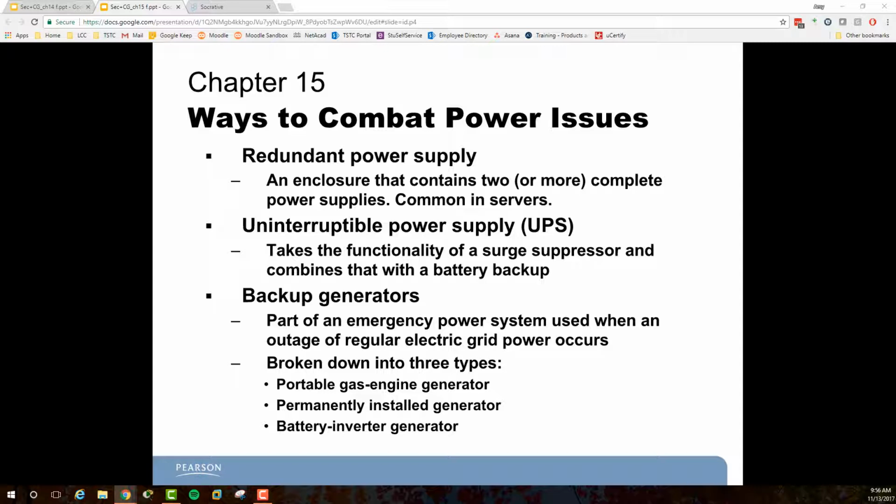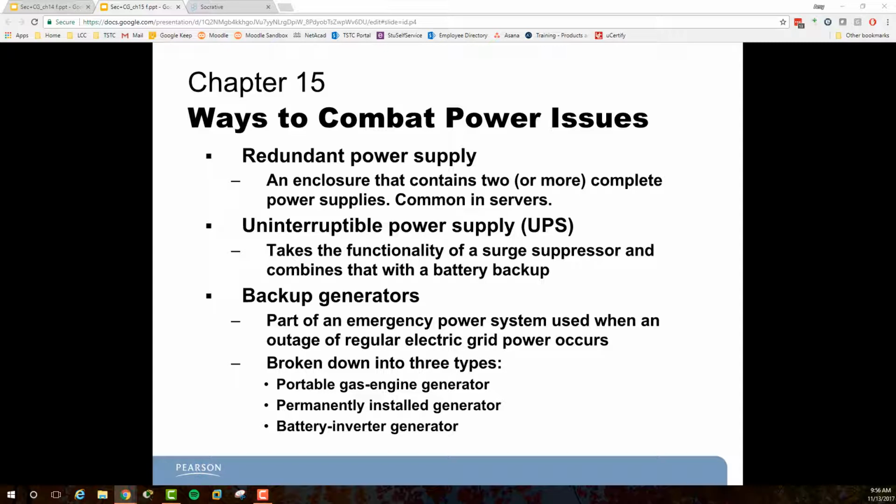An online UPS is always running, so essentially you're getting good conditioned power from the line. Your computer's always running off the battery. So if there's a dip or a sag in the voltage, it's not affected. And it probably has either a serial port or a USB port where it's plugged in, and it can shut the computer down properly in the event that you're not there in front of it, like on nights and weekends.